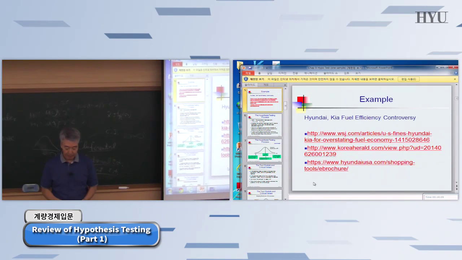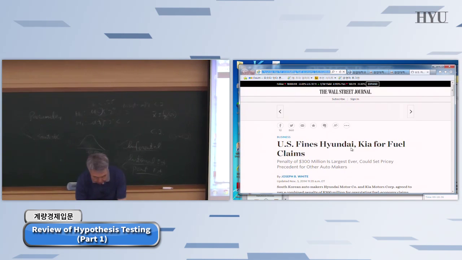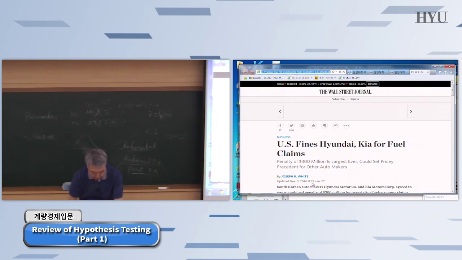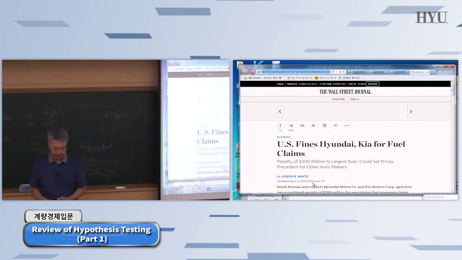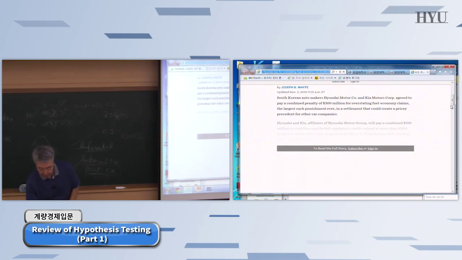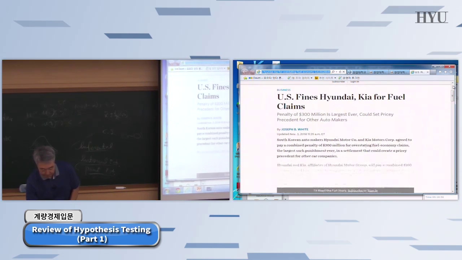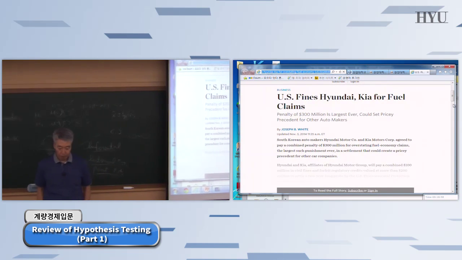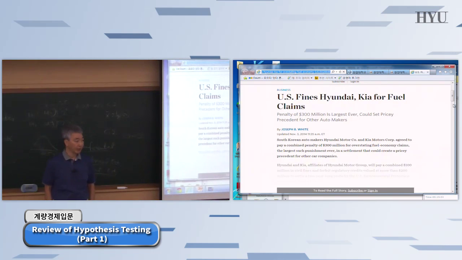There was a Hyundai-Kia fuel efficiency controversy last year. Do you remember? Here's the Wall Street Journal article as of November 3rd, 2014. The story is that Hyundai and Kia Motors in the United States have been found guilty of overstating the fuel efficiency of their cars.